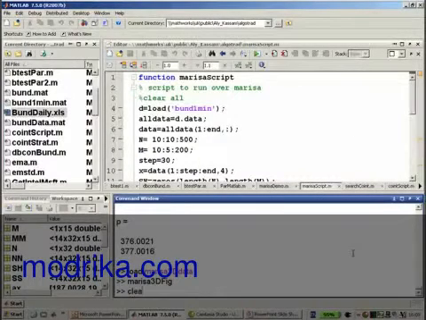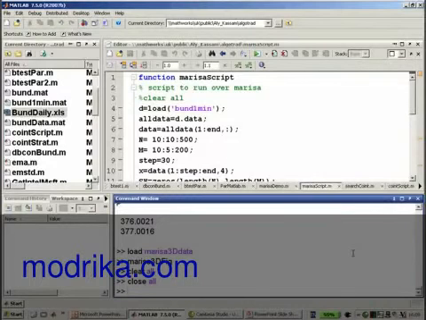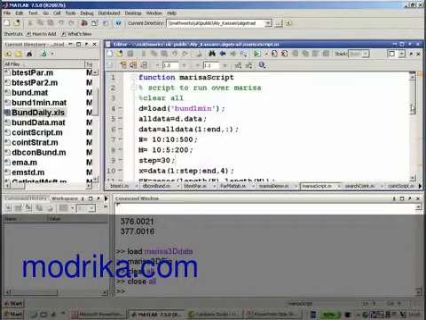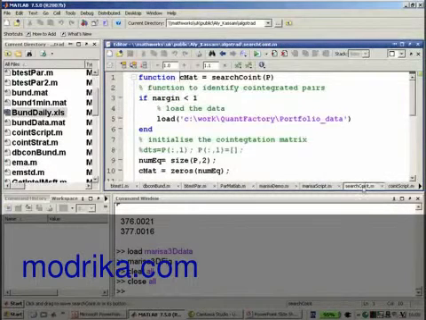Let me clear my workspace once more and close all of my figures. I have some stocks that I've downloaded using the Datafeed Toolbox from the Yahoo site, and I've saved them in a file. I'll load them up into my data.